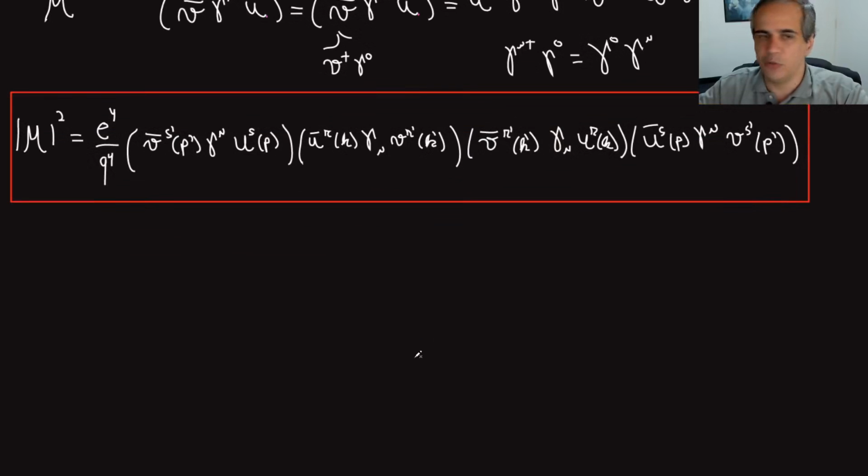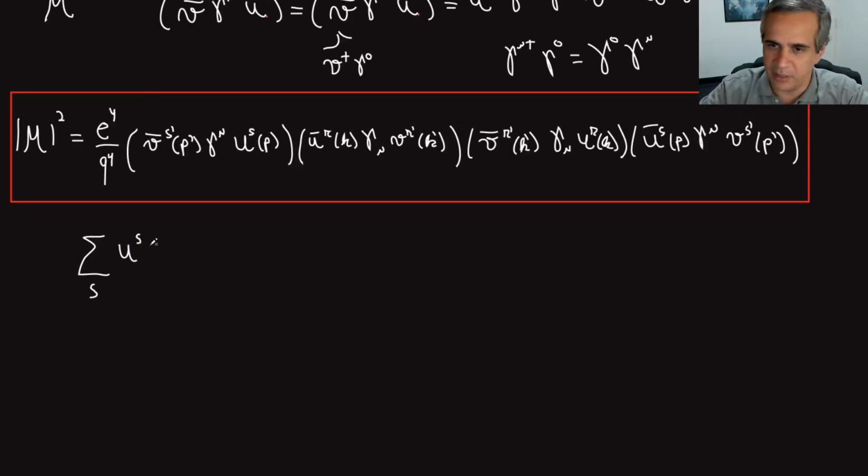We know what to do with that. I need to take sums over spins. So for each of these spin indexes here, s prime, s, r, and r prime, I'll have to put a sum, and then use these two important properties.